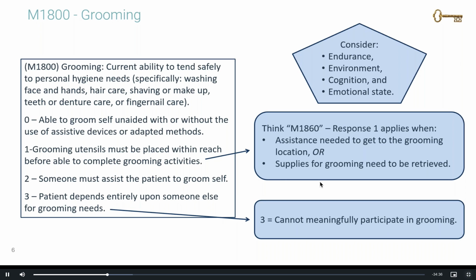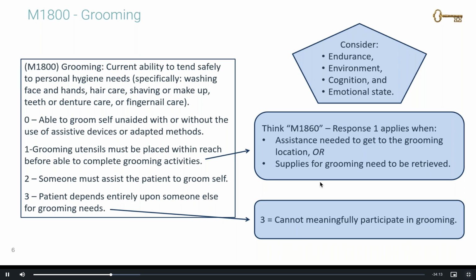Now, when we look at response 1, remember too that it's not just that whole idea of utensils have to be placed within reach. It also includes the idea that if I have to get that patient to the area where all of the grooming supplies are, they need assistance for that, then response 1 is the correct choice if they don't need help to do the actual grooming.